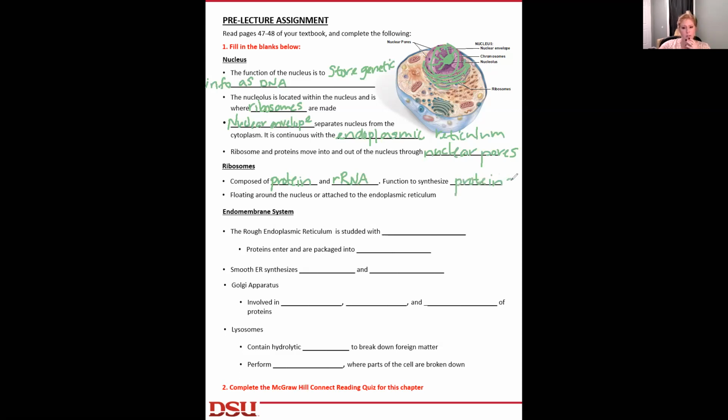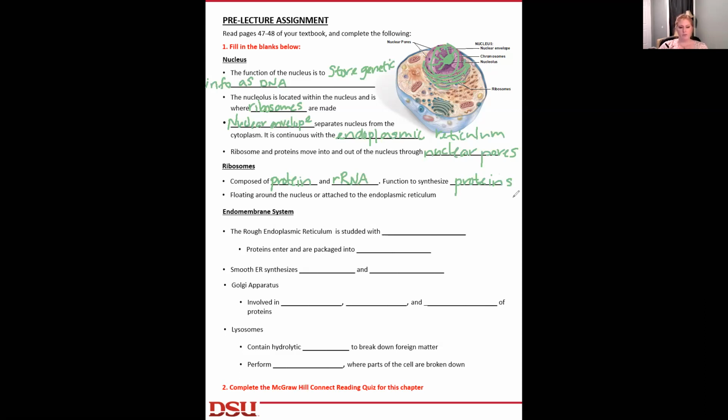So they're really important, which is why even prokaryotic organisms have them, because if you have genetic information, but you don't have any way to build the proteins that come from that genetic information, you kind of don't have life. So the ribosomes are even in these prokaryotic organisms so that proteins can be built.